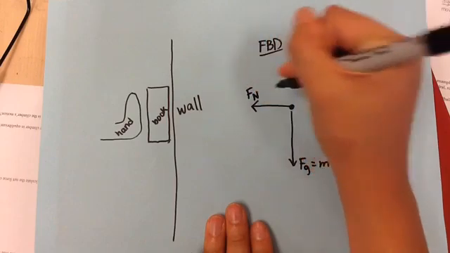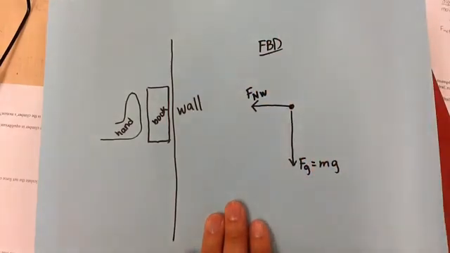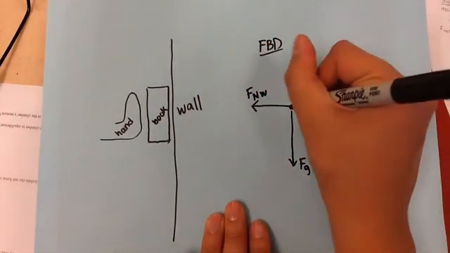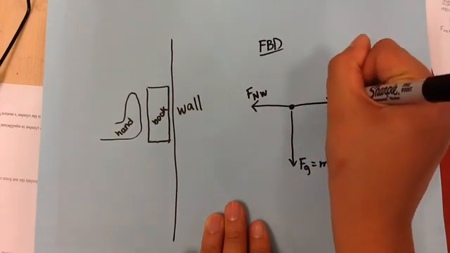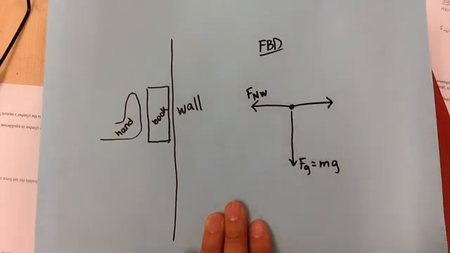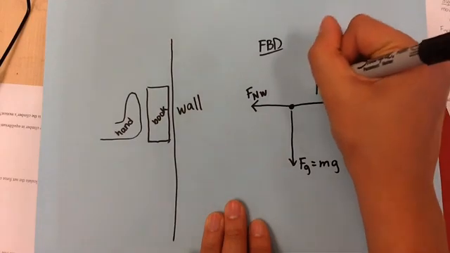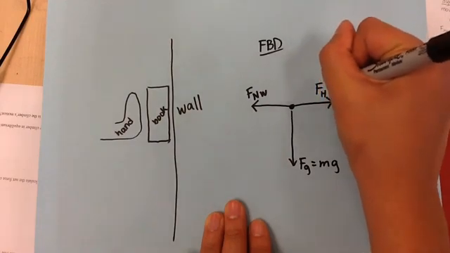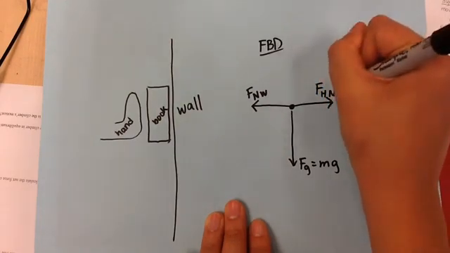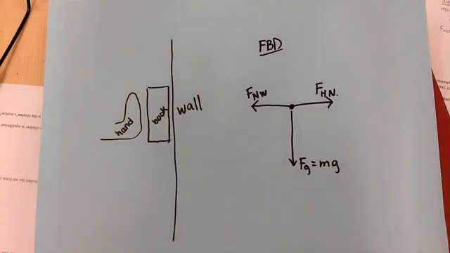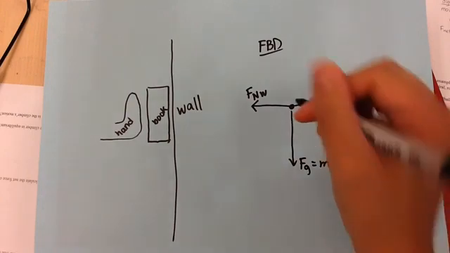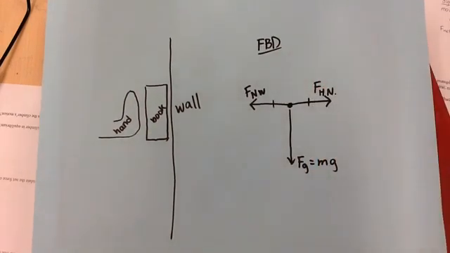I'll call that normal wall. Hey, I'm being pushed by the hand. I've got a normal force from the hand. And there's really one more force. If you think about it, these two are going to cancel. And as we've drawn it right now, the book should be accelerating due to gravity.